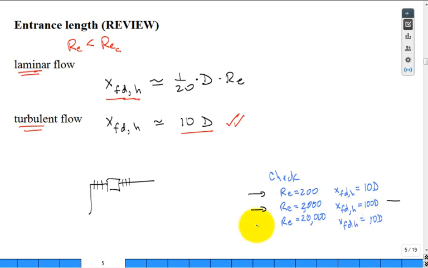Somebody else says, no, come in with 20,000. Well, you're already over the critical. So you're just back to 10 diameters. So it's not easy to say exactly what it is, but typically laminar flow in the high region of the laminar flow leads to long entrance regions hydrodynamically. Somewhere in the 2,000 range, you could need a long distance for it to be fully developed.